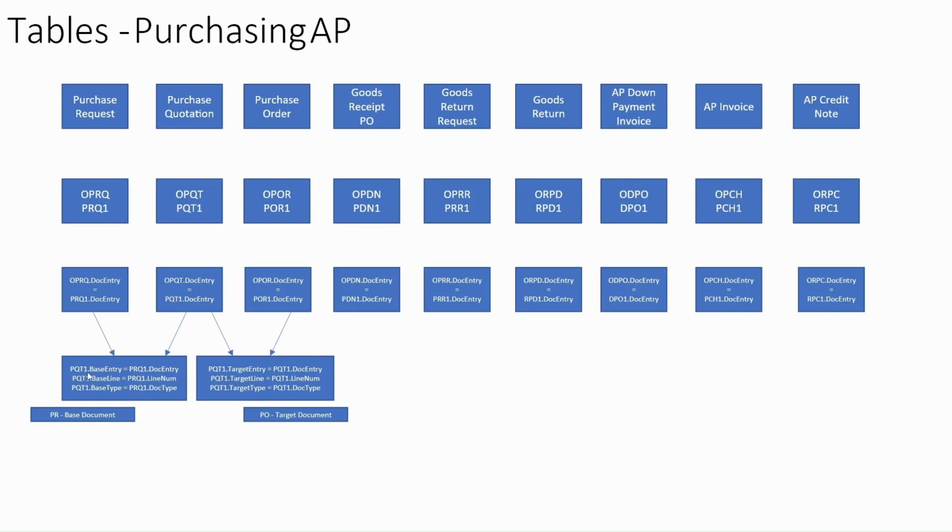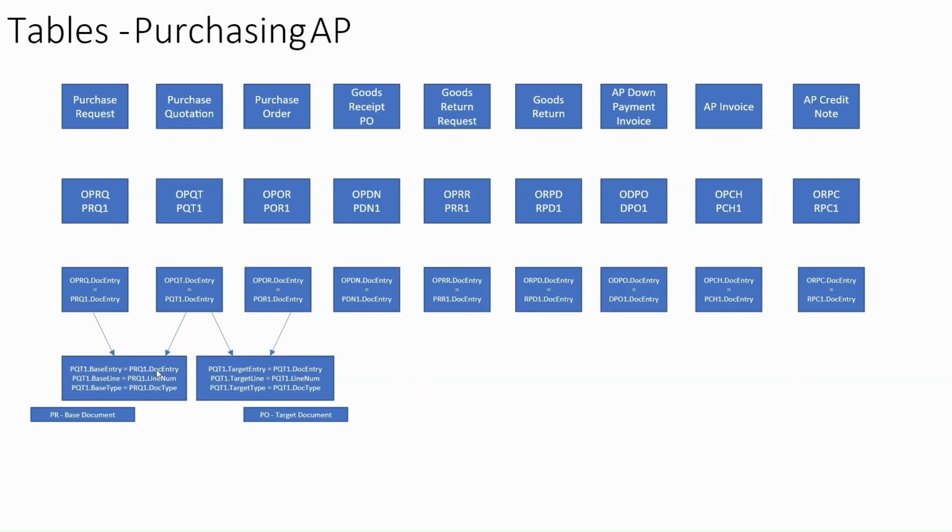So PQT1 dot base entry will be equal to the PRQ1 doc entry. The doc entry of the PRQ1 table will be the base entry for the PQT1 table. So the purchase quotation and purchase request are linked.